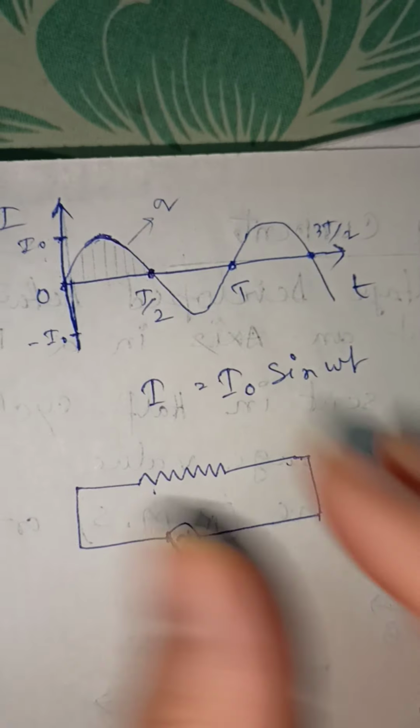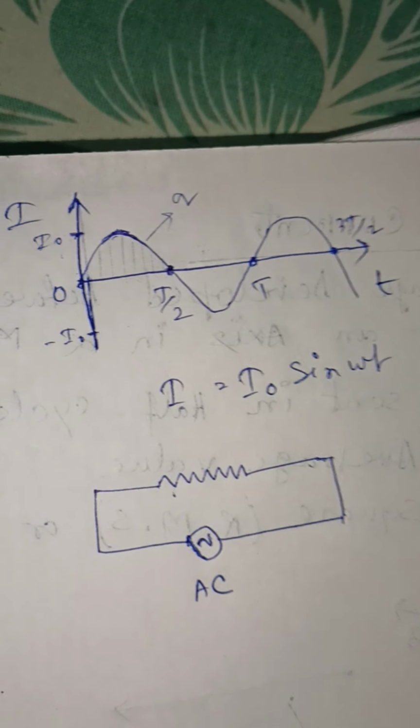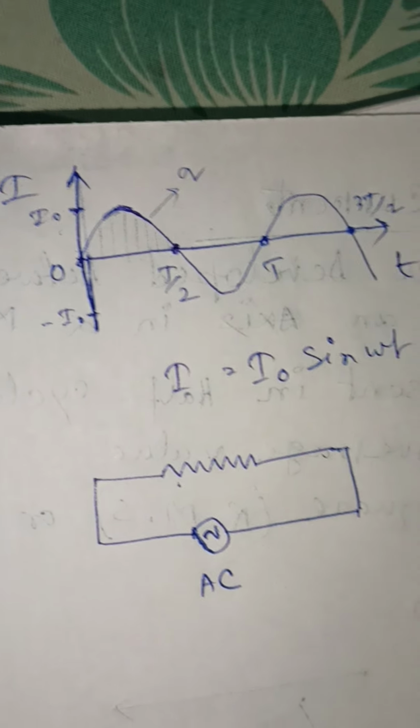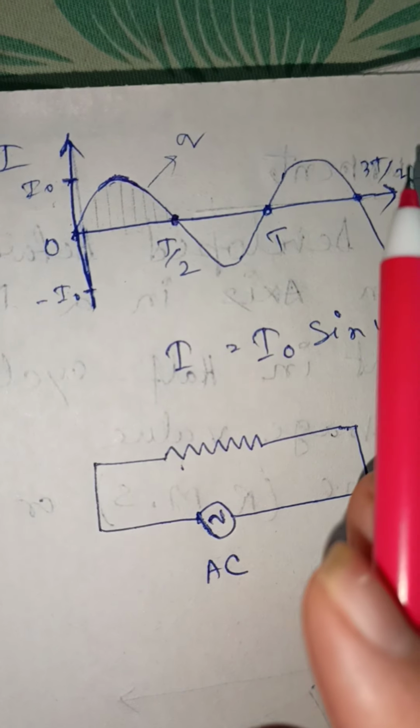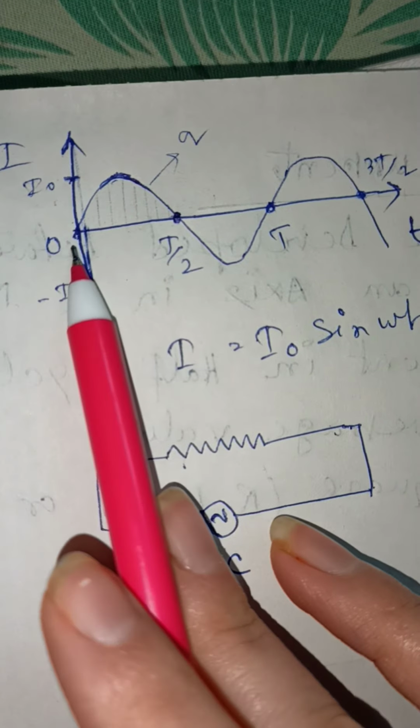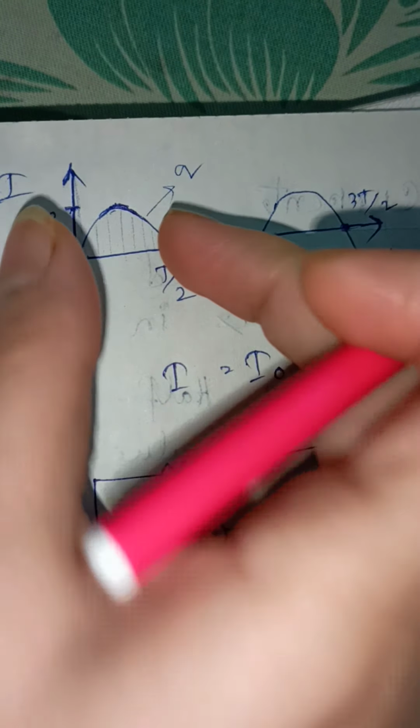That means this is a full cycle, we know that, because one cycle is completed at time T, because T is the time period of this sinusoidal wave. So this is a full cycle, that means this one is a half cycle.